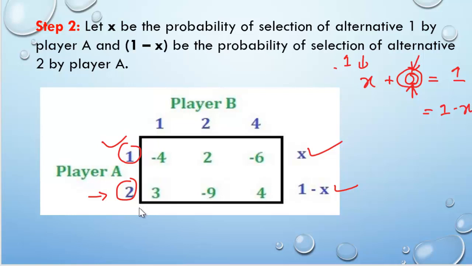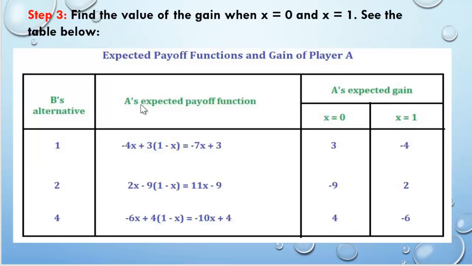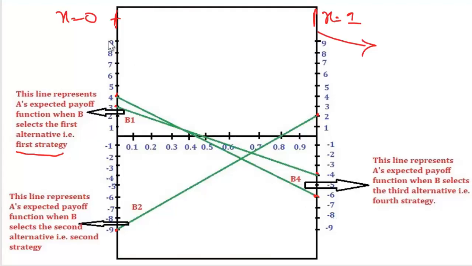Then see A's expected payoff matrix. Then plot the values for x and 1 minus x on a graph. For the minimum part, go to the lower part of the graph and find the maximum point.